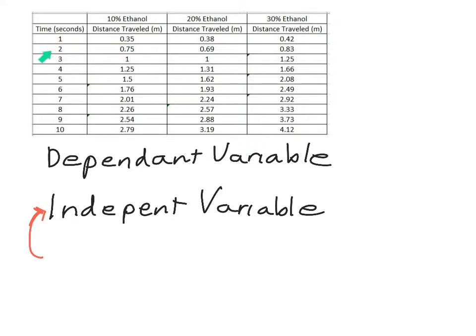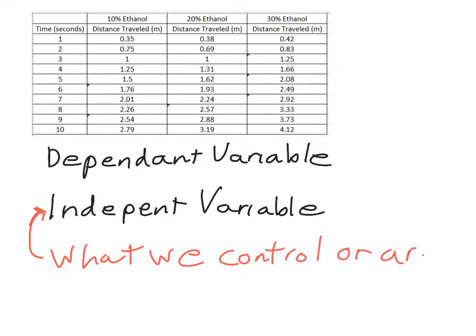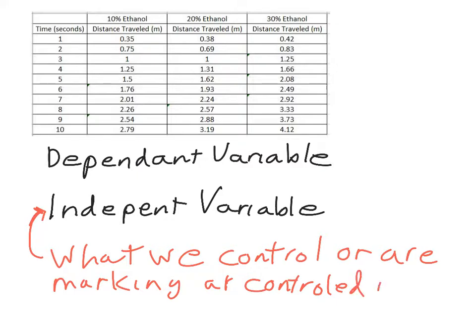We're marking off time in increments of exactly 1 second. So that's independent. It's not depending on what we're monitoring in the experiment. Time does not depend on ethanol content. Correct? So our independent variable is what we control, or what we're marking at controlled intervals, right?